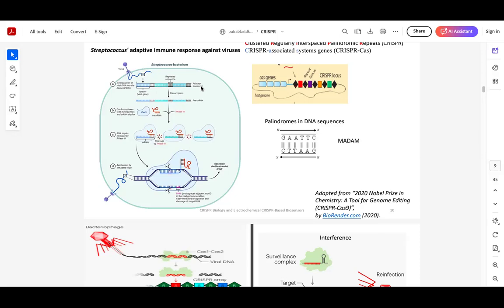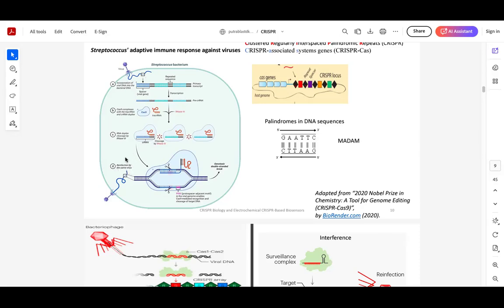So in future, if the virus attacks the bacteria again, it will recognize the genes of the virus, and it has this Cas enzyme that can cut this gene sequence of the virus, and when it is cut, it's sort of destroyed. You can see this is the cutting mechanism.